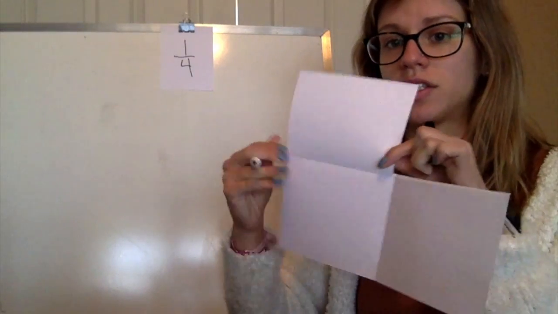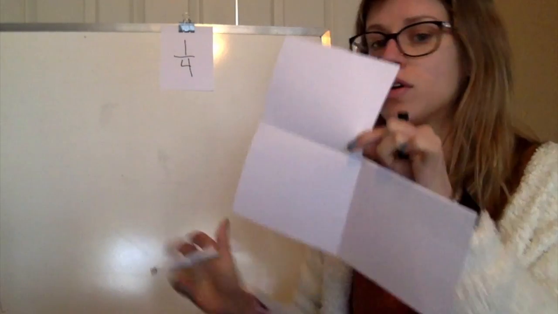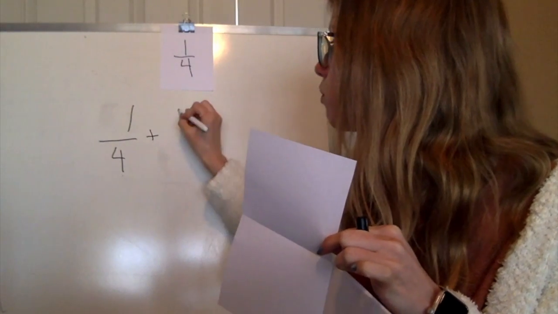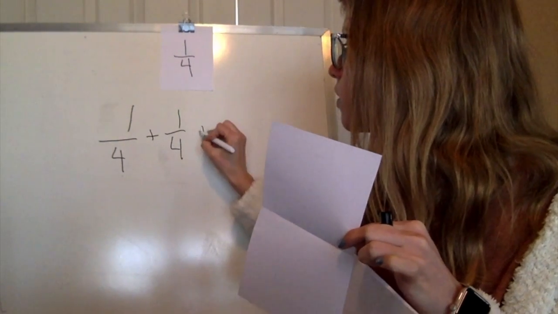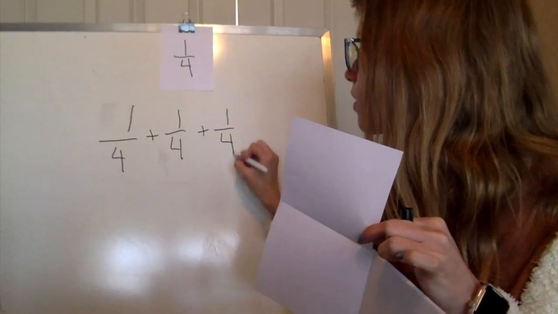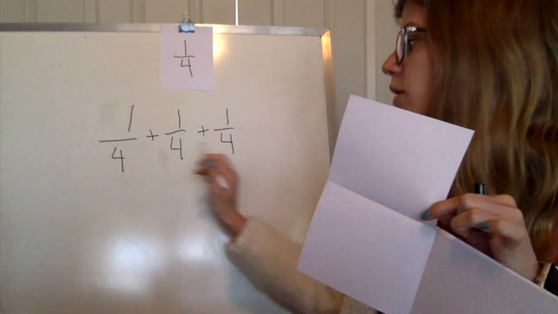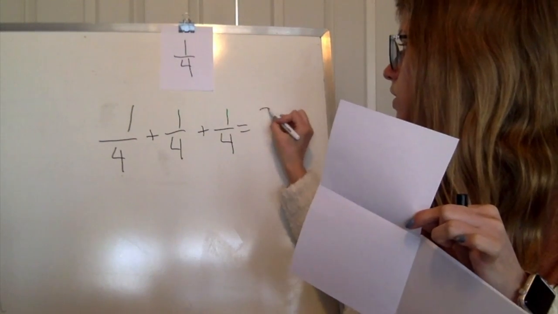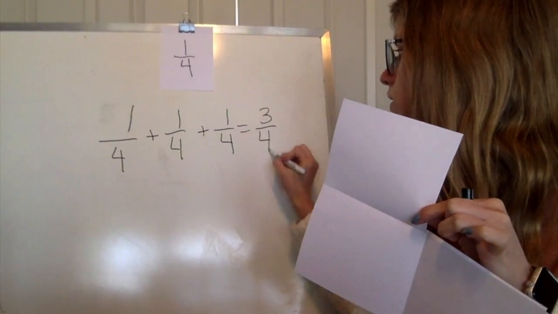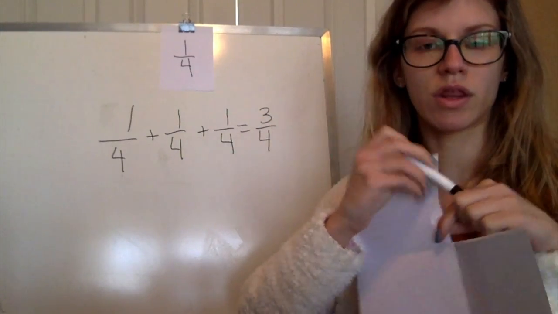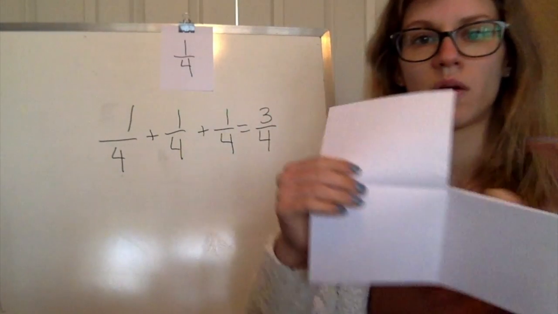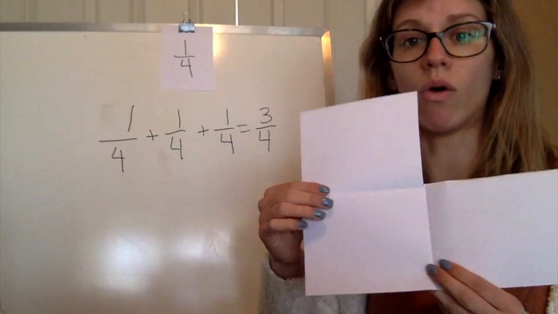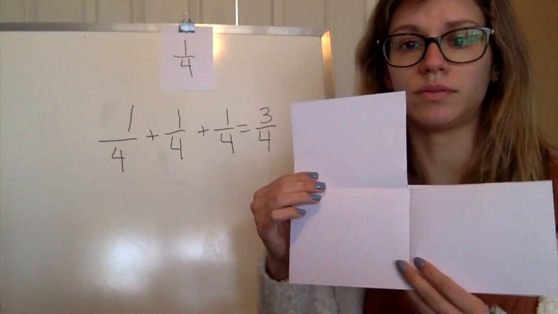Adding up my fractions, because I have 1, 2, 3 pieces left. So 1/4 plus 1/4 plus 1/4. And my denominator, my number on the bottom, stays the same, so I just add up my top. It would be 3/4, because I have 3 parts of my whole left over.